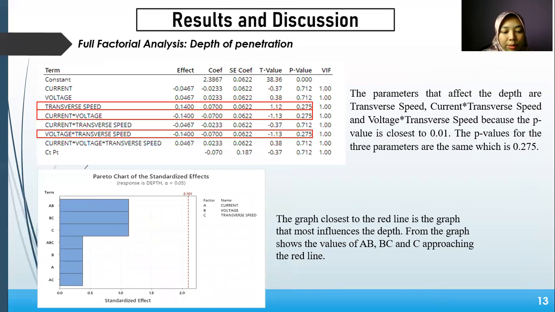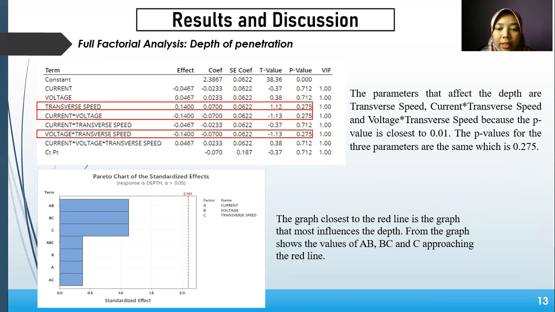Next, the analysis toward depth of penetration. From this table, we can see the parameters that affect the depth are transfer speed, current versus transfer speed, and voltage versus transfer speed because the p-value is closest to 0.01. The p-value for the three parameters is the same, which is 0.275.